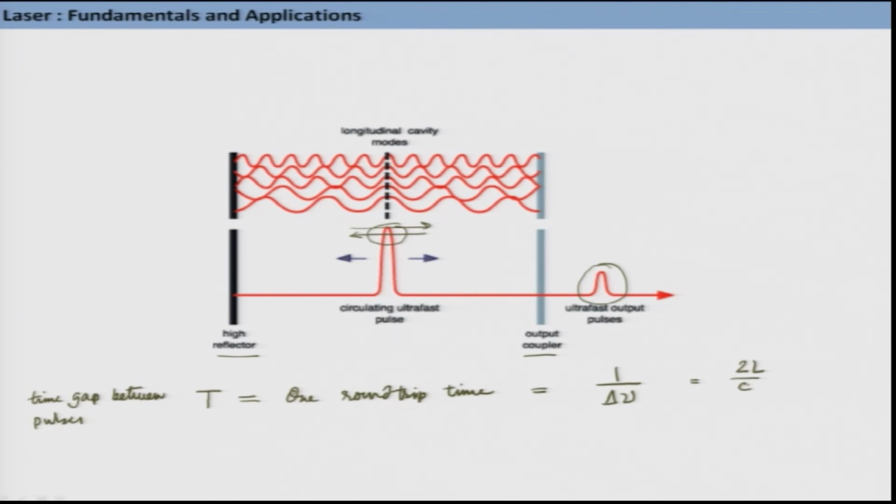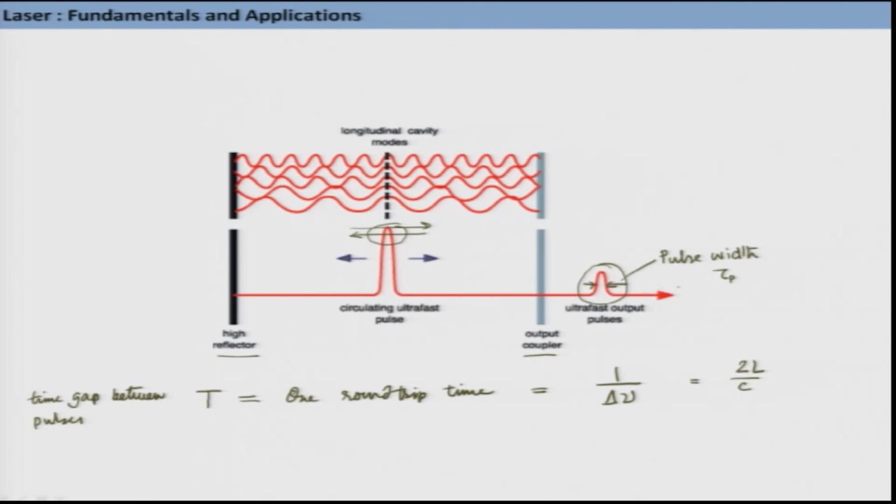And also one can show the resultant pulse width. I am talking about this width, this is my pulse width, and we denote it as tau p. Let me be a bit clear.